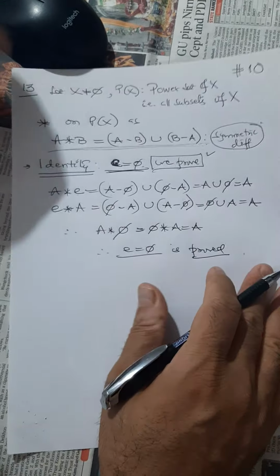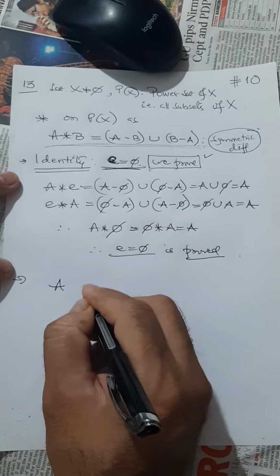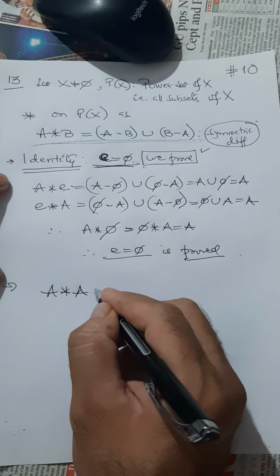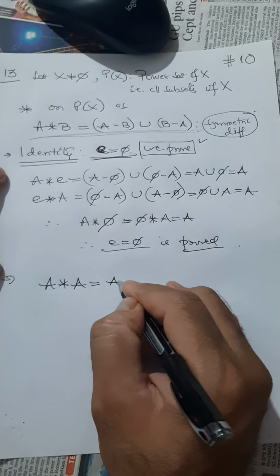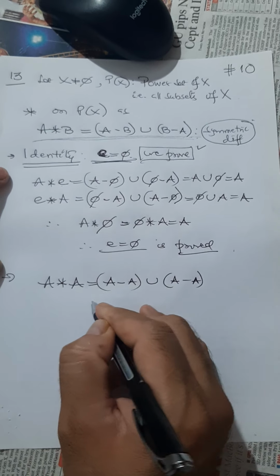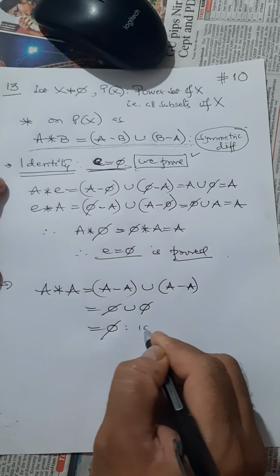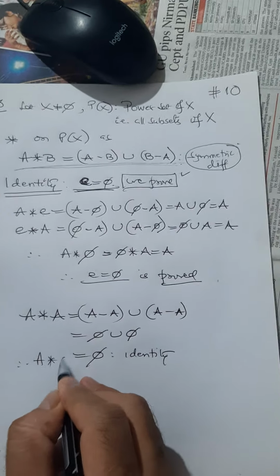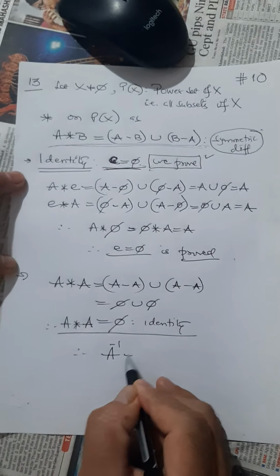Now next, here also, if you find A asterisk A, as per the definition it is A minus A union A minus A, which is phi union phi, which is phi. Now what is this? This is the identity. So what you have shown is A asterisk A equals E. So you can say that the inverse of A is itself.